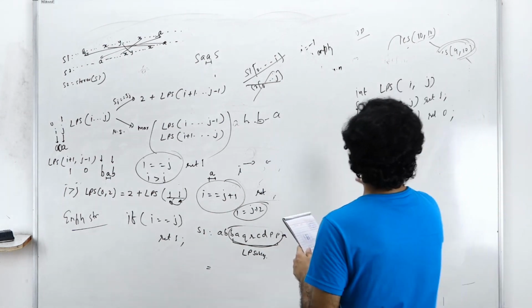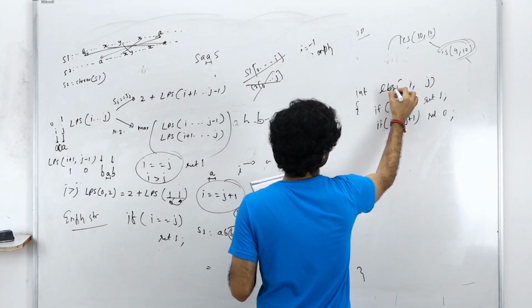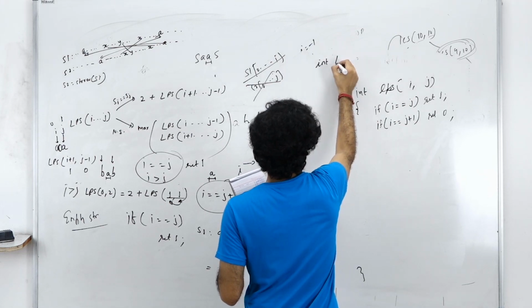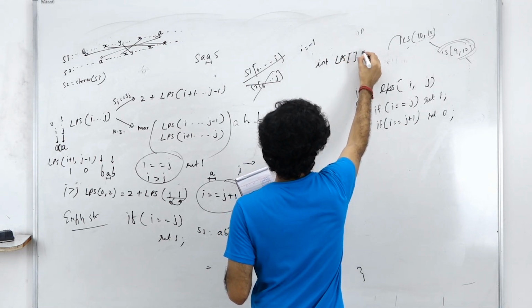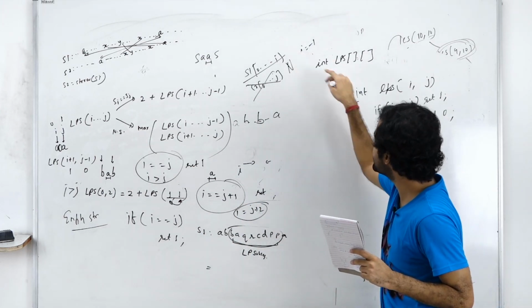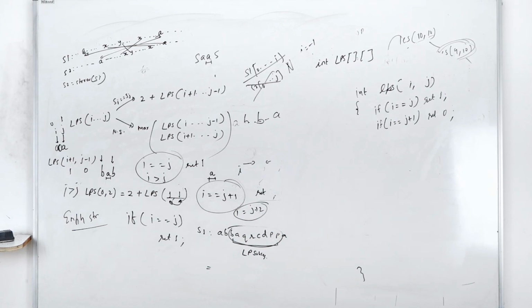Can you tell me, if I am going to take, again let me call it small lps, if I am taking a memoization array for this LPS, what should be the size of this? The string size is n, so what should be the size of this? It should be n into n, yes or no?